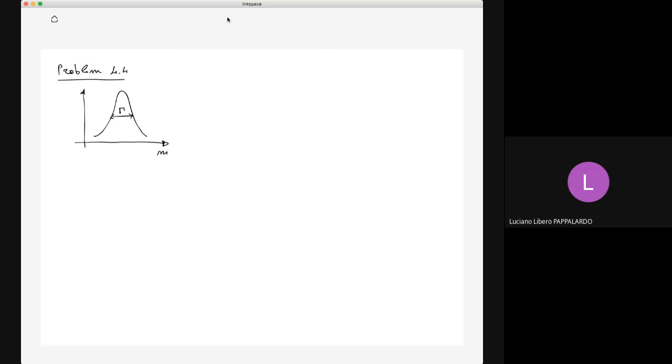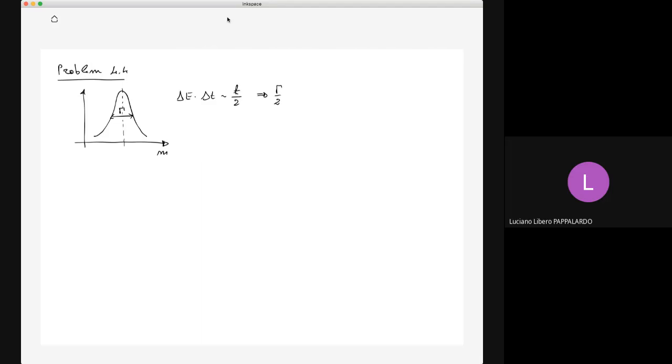By the uncertainty principle, as we argued in one of the first lessons, ΔE times Δt is ħ divided by 2. For ΔE we can take half of Γ, the half of the full width at half maximum.